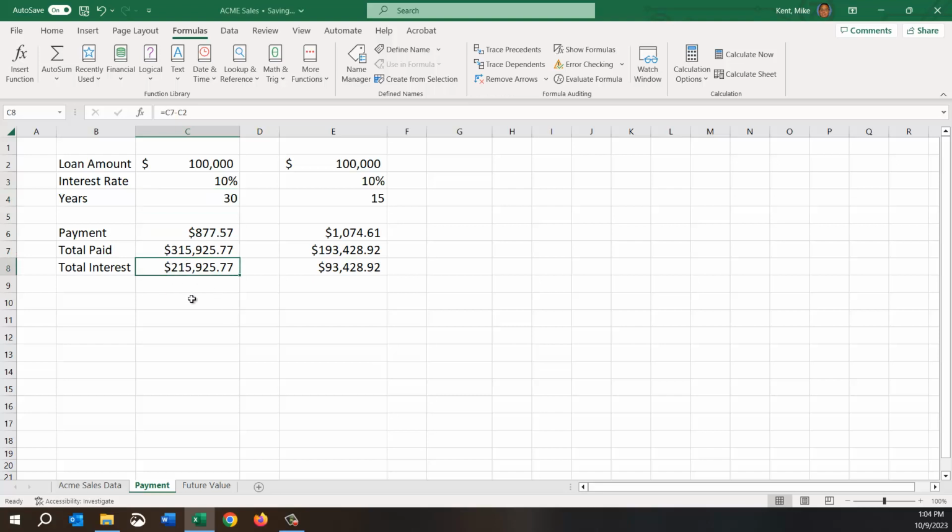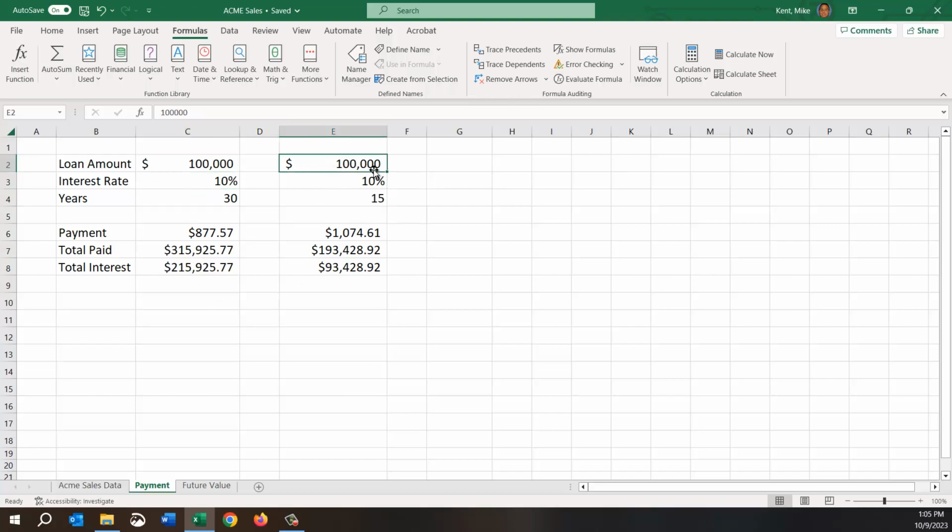You notice, because it's over such an extensively long period, I'm paying $215,000 in interest for a $100,000 house. I'm paying $300,000 total because of the length of the loan for that $100,000 house.